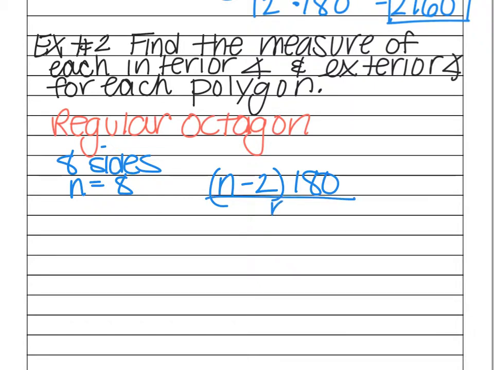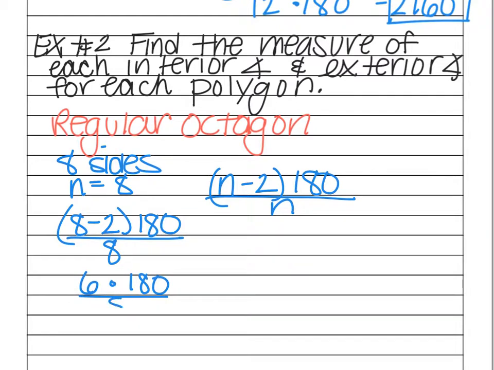And I'm also going to divide that by n because I want to know what just one of the interior angle measurements is. So I'm going to have 8 minus 2 times 180 divided by 8. 8 minus 2 is 6, times 180 divided by 8. 6 times 180 is 1,080. I'm going to divide that by 8, and I end up getting 135 degrees for my interior angle measurement.